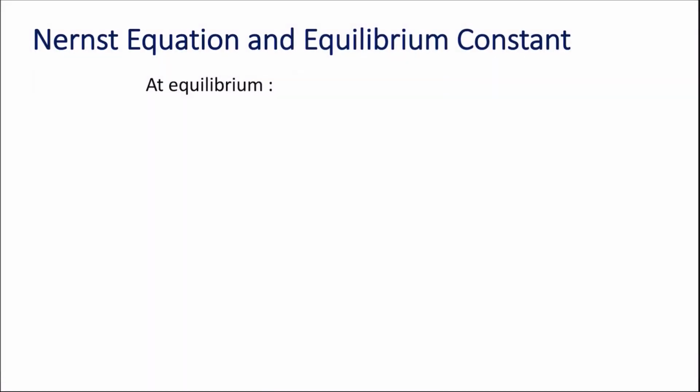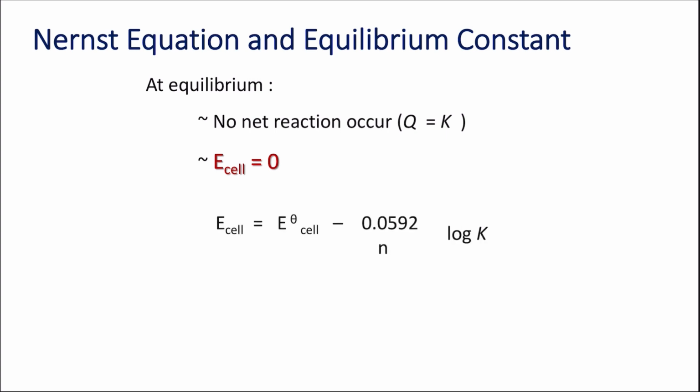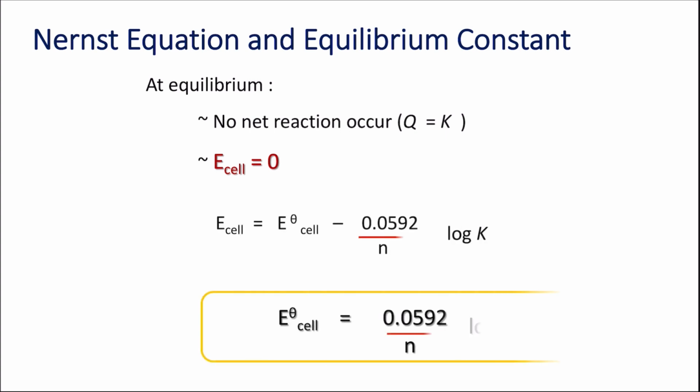So, untuk Nernst equation, dia ada relationship dengan equilibrium constant apabila reaction kita buat adalah at equilibrium. So, at equilibrium bermaksud no net reaction occur anymore. Here, your reaction quotient is equal to the equilibrium constant. So, E cell value awak akan dapat 0. So, kalau kita ada Nernst equation, this is our Nernst equation, form dia macam ni.